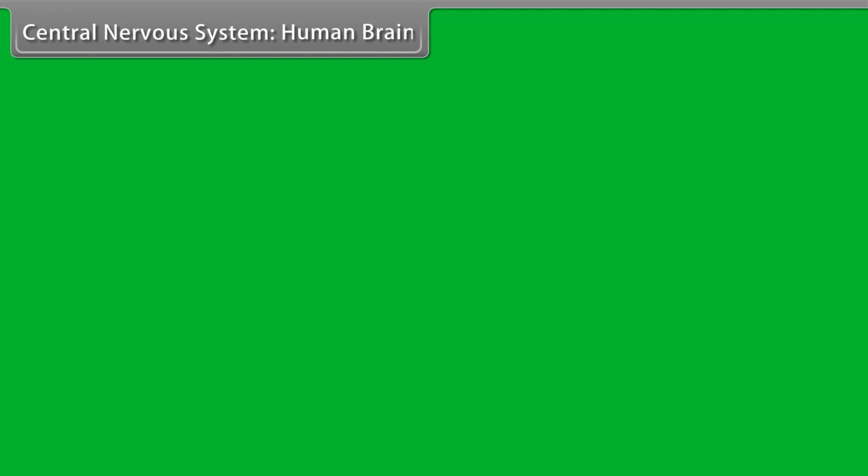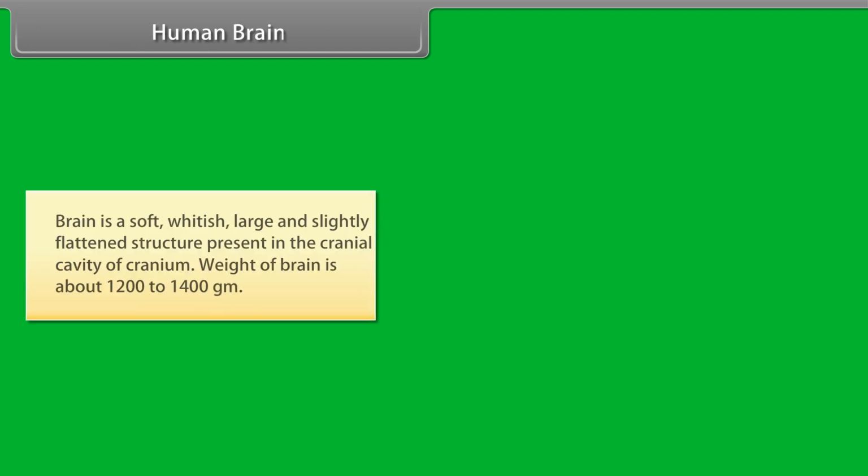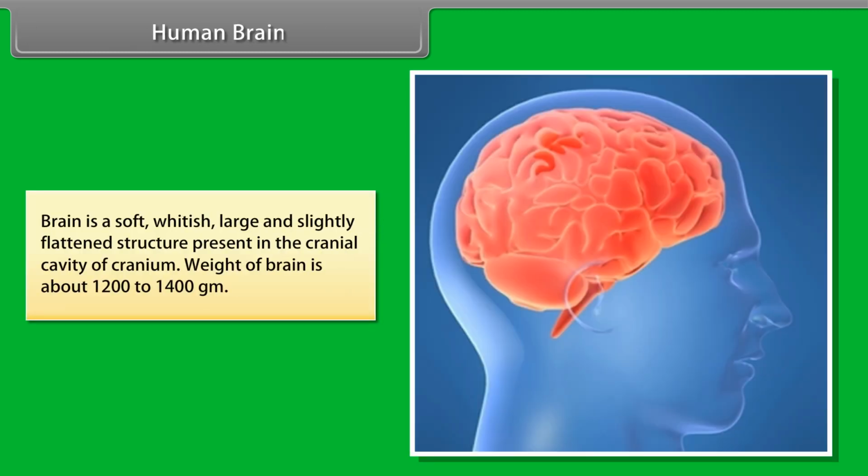Central nervous system, human brain. It consists of the brain and spinal cord in animals. All life activities are under the control of the brain. Human brain. The brain is a soft, whitish, large and slightly flattened structure present in the cranial cavity of the cranium. The weight of the brain is about 1200 to 1400 grams.